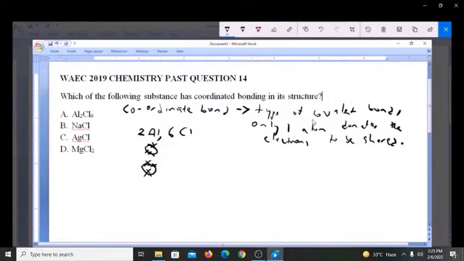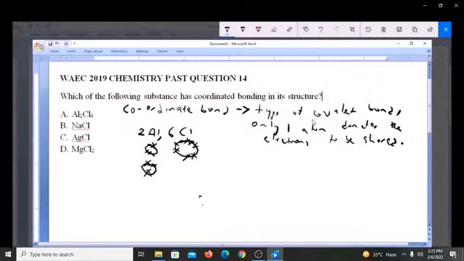Three electrons on the outermost shell. And chlorine has 7 electrons on its outermost shell. So let's illustrate that: 1, 2, 3, 4, 5, 6, 7. So you have 6 of it.